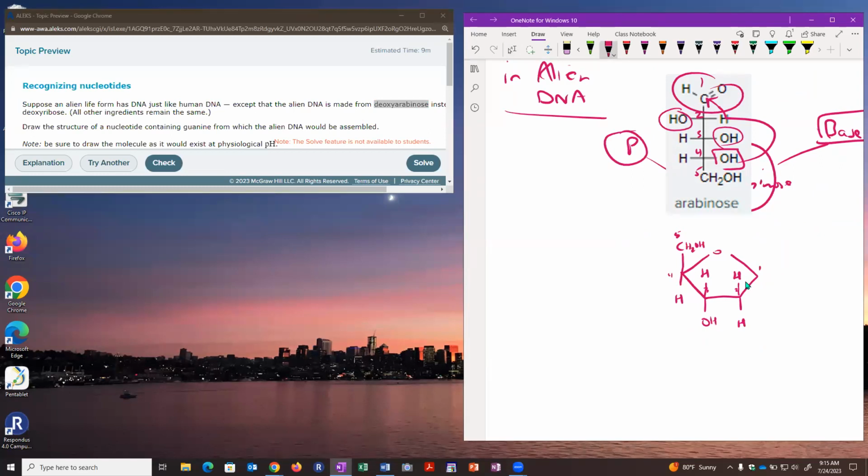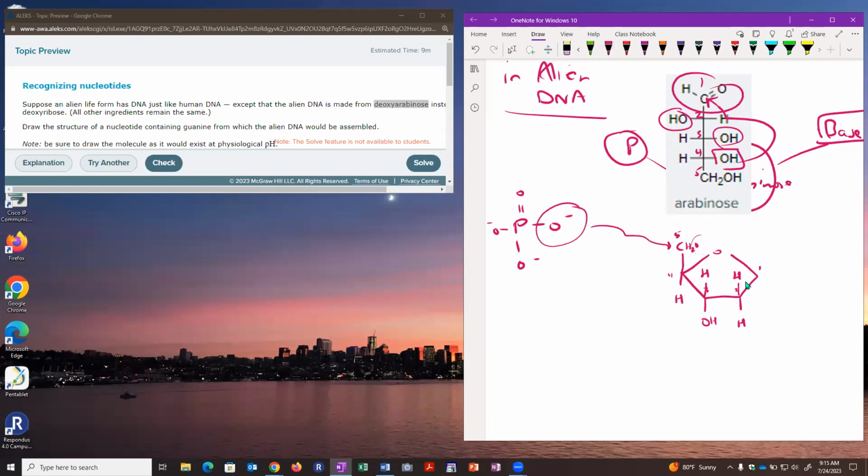Let's go ahead and attach the phosphate group here to the right. So remember, phosphate is going to look like this. So we have your phosphorus connected to 4 oxygens overall with a -3 charge. So we're going to connect this one to this carbon here. Okay, and as a result, we're going to lose the hydroxyl group, right?